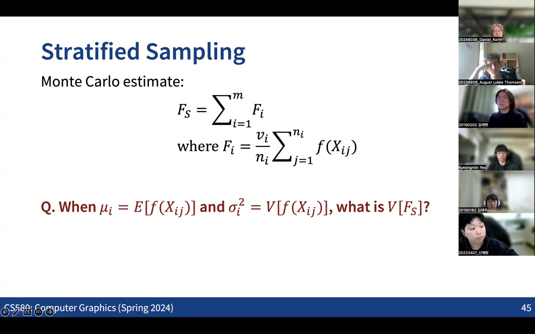So given this Monte Carlo estimate with stratified sampling, and when you also know the mean of each random variable and the variance of the random variables, which are defined like this, when you have this information, what is the variance of this final estimate?